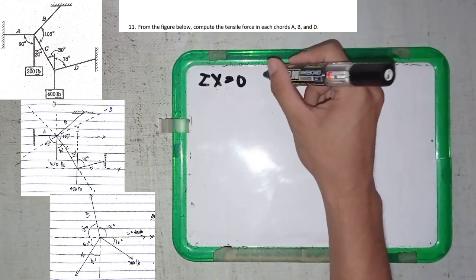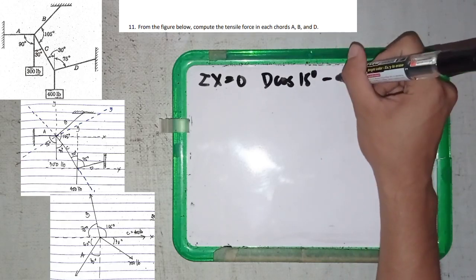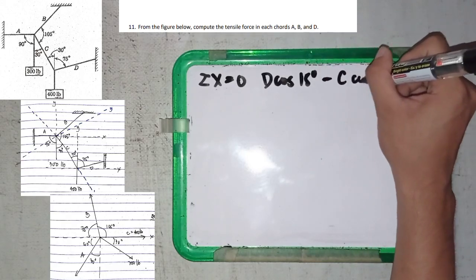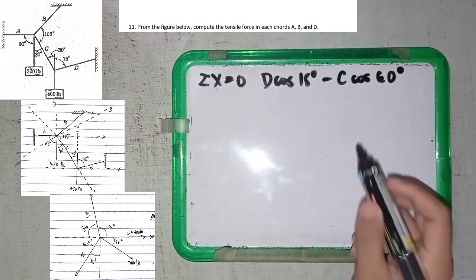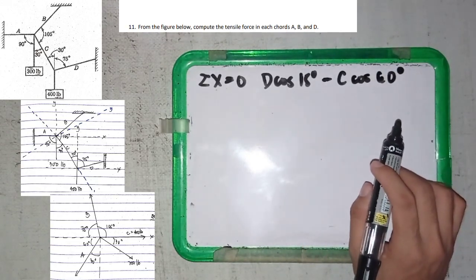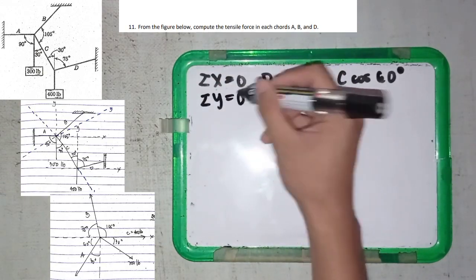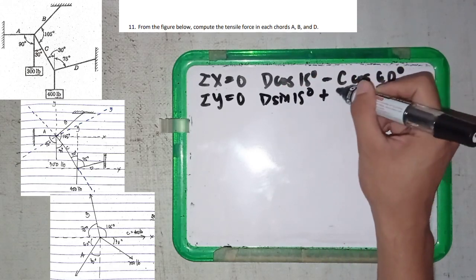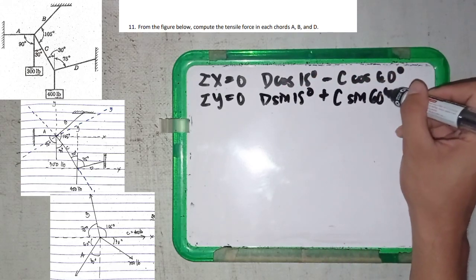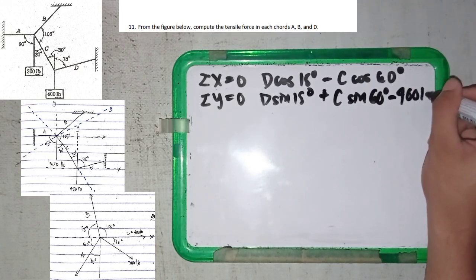So what we have here is D cosine 15 degrees minus C cosine 60 degrees, as you can see and observe in the figure. Next, the summation of y equal to 0: D sine 15 degrees plus C sine 60 degrees minus the weight, 400 pounds.